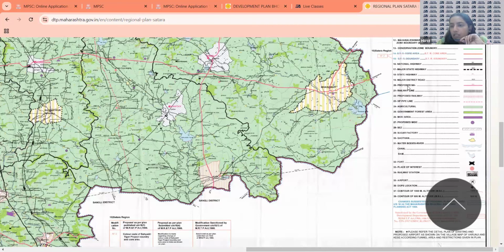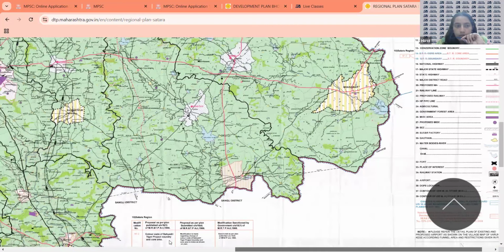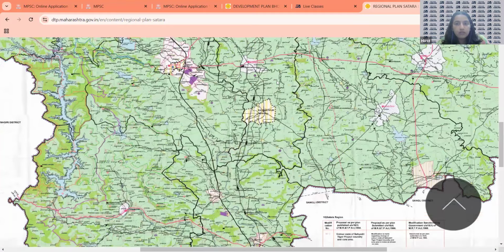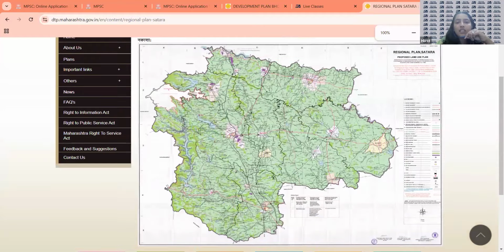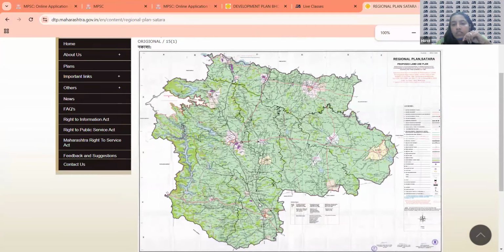Okay, government forest area, agricultural area, etc. What I want you to do is just get a hang of it so that when we are discussing the sections of the MRTP Act in terms of regional plan, etc., you would have a better idea.